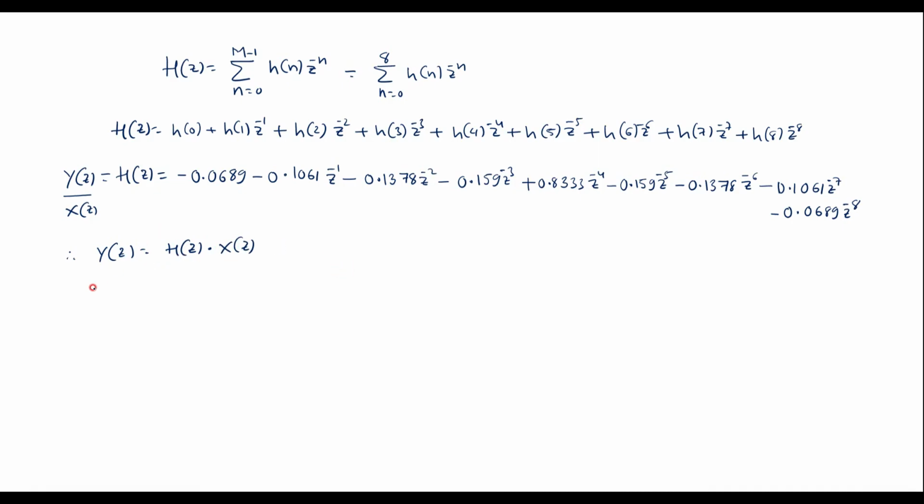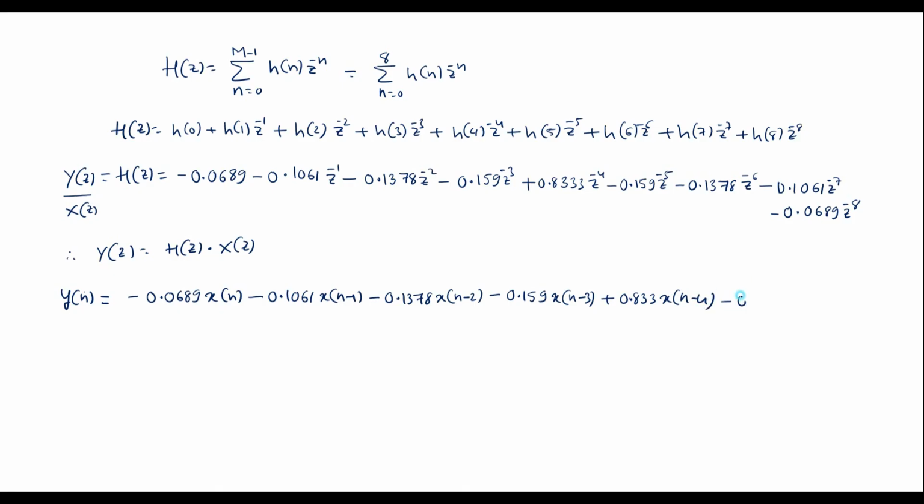So now by taking inverse z transform of this, I can write y of n is equal to minus 0.0689 x of n minus 0.1061 x of n minus 1 minus 0.1378 x of n minus 2 minus 0.159 x of n minus 3 plus 0.833 x of n minus 4 minus 0.159 x of n minus 5 minus 0.1378 x of n minus 6 minus 0.1061 x of n minus 7 minus 0.0689 x of n minus 8.